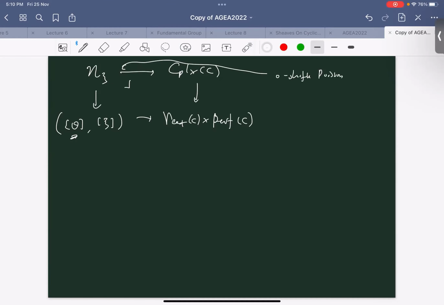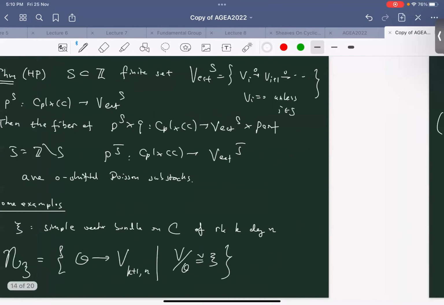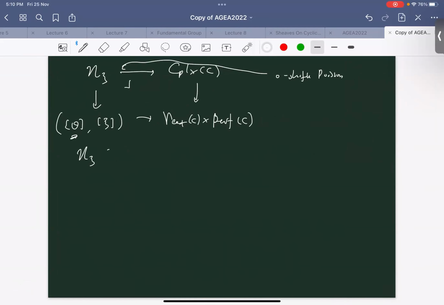But this space is actually fairly simple, because I'm assuming C is simple, and therefore the coarse moduli space of it is simply a projective space. It's the projectivization of x1, i.e. abstractly it is P^{m-1}.